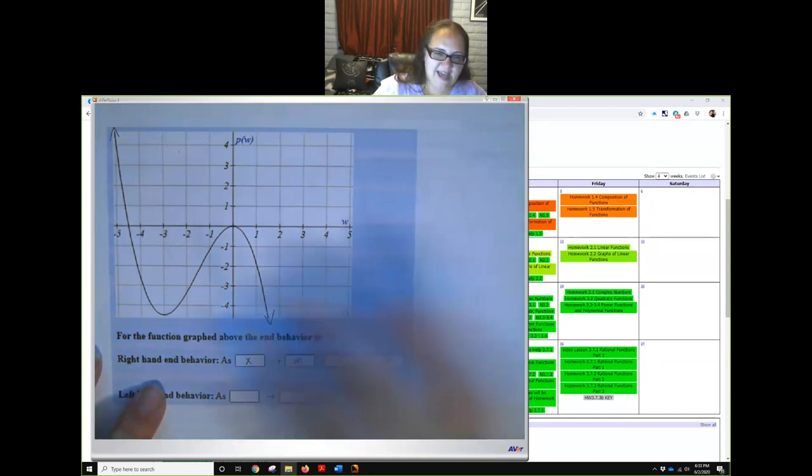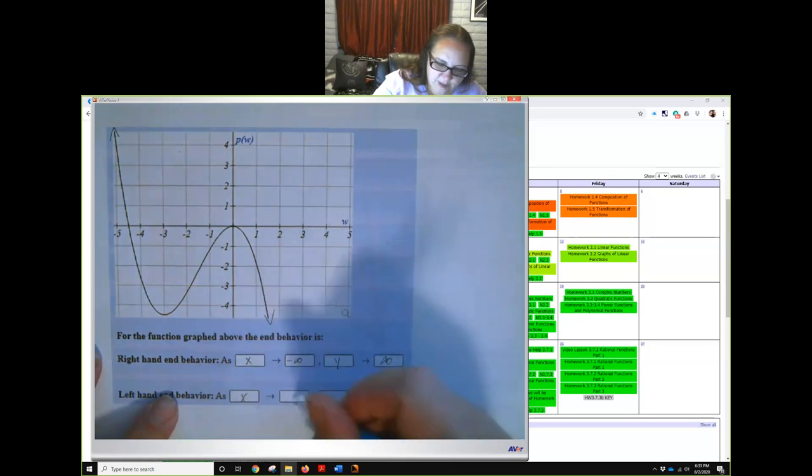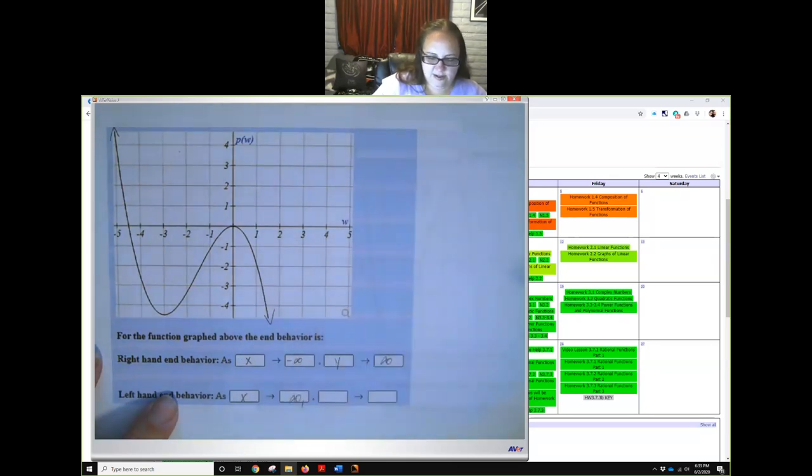And on the right side, as x goes toward positive infinity, y goes down to negative infinity.